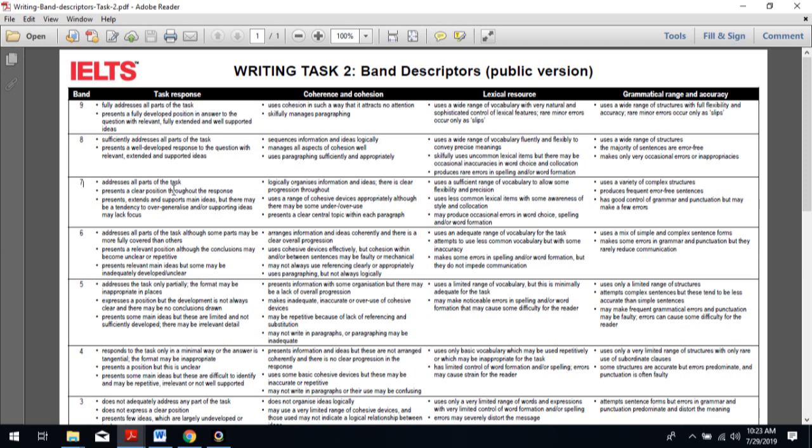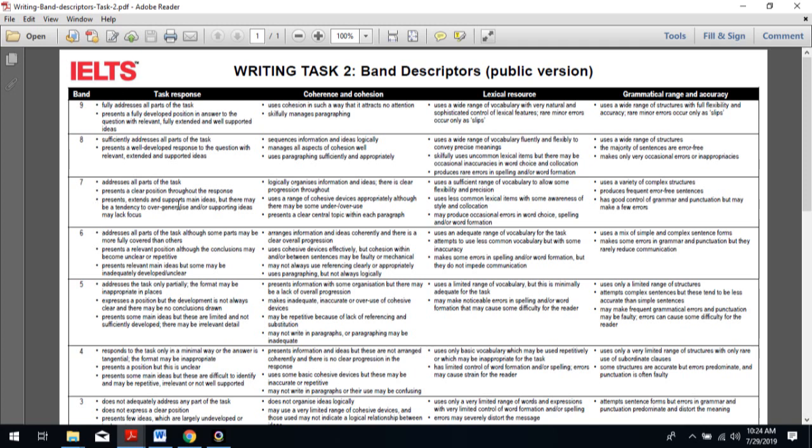So if you don't address a part of it, or maybe you failed to discuss one of the questions in a two question task, then you'll be penalized under task response, and instead of 7 you might be awarded 5 or 6.